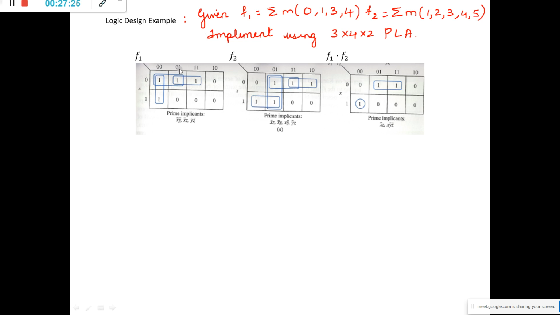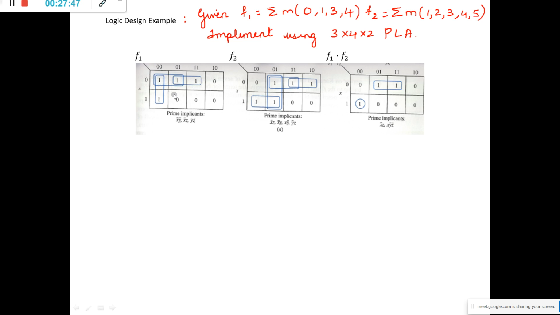See here, F1 is given 0, 1, 3, 4. Group it and write the prime implicants. Whenever you group it, you will get x bar y bar, x bar z, and next y bar z.